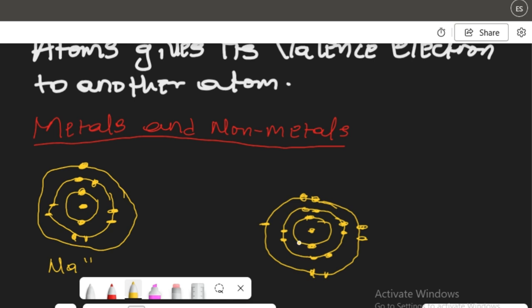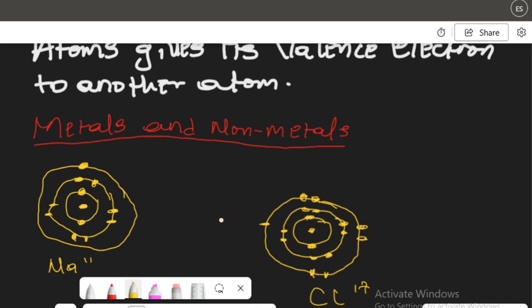So if you count it now, it makes a total of 17. 1, 2, 3, 4, 5, 6, 7, 8, 9, 10, 11, 12, 13, 14, 15, 16, 17. So this is a chlorine atom with 17 electrons.